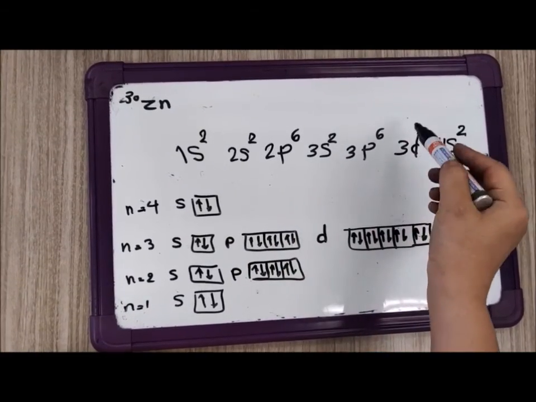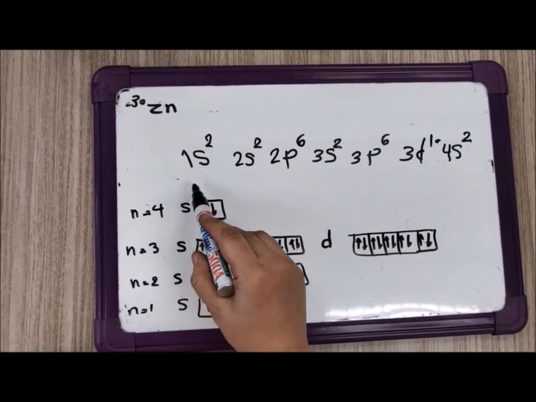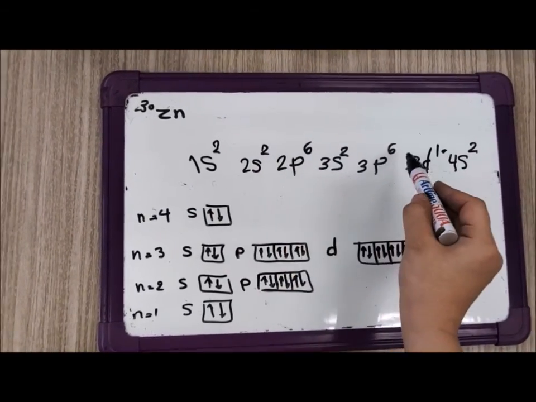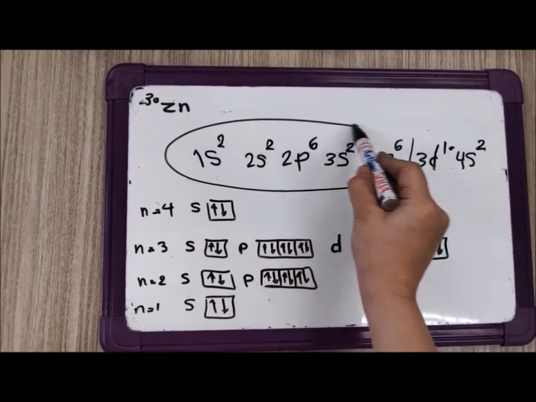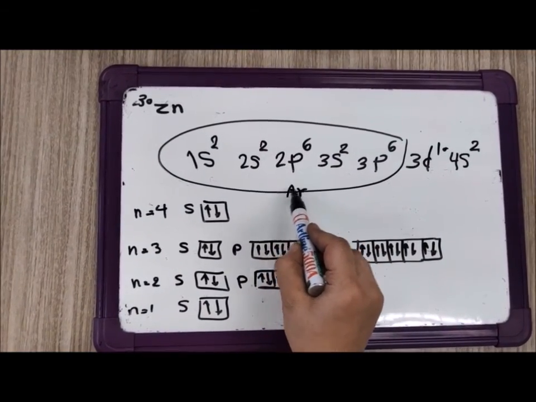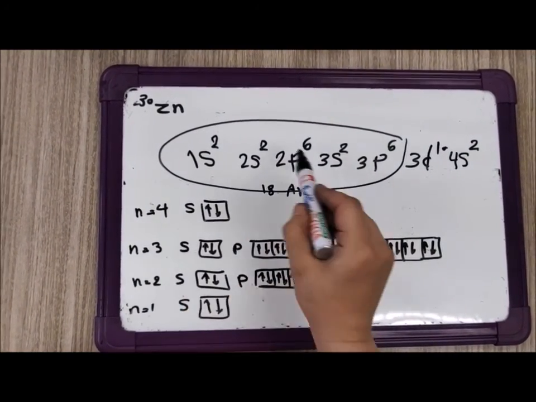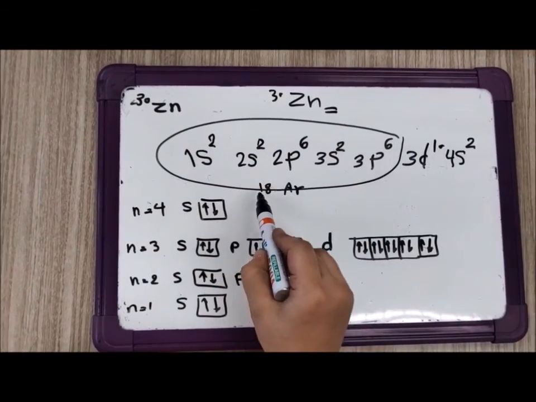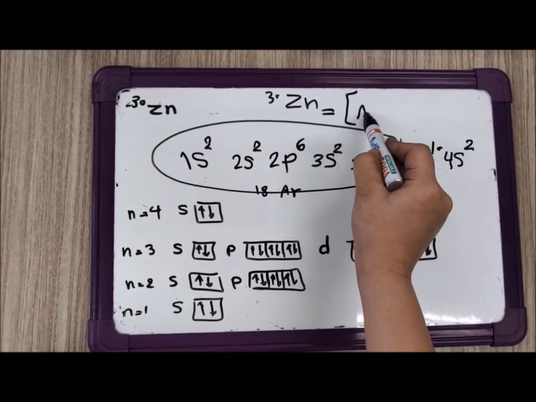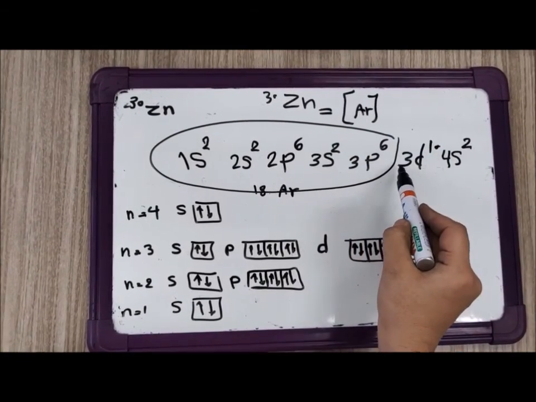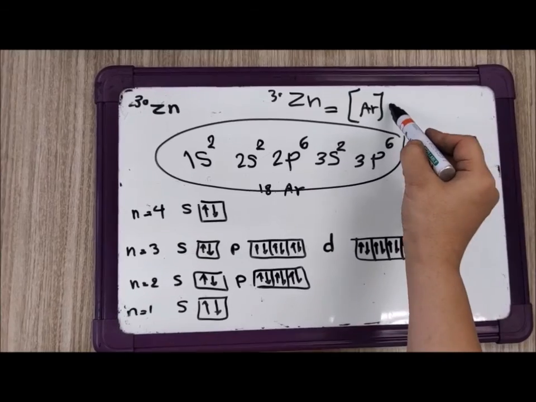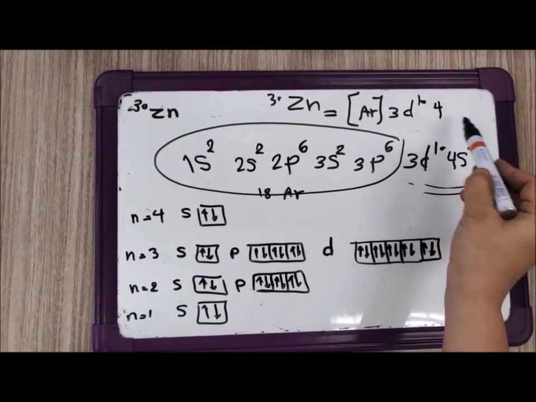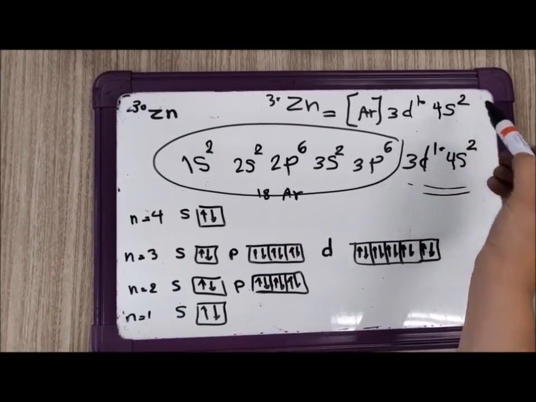In a shorthand, to make it simpler and avoid writing too long, we say that this is the electronic configuration for argon, which has 18 electrons, isn't it? So we write Zn 30, and the electronic configuration in shorthand becomes argon, and what is left here is 3d with 10 electrons, 4s with 2 electrons.